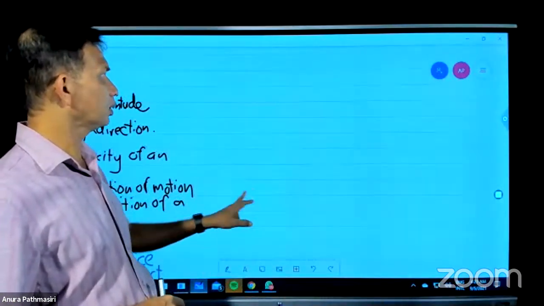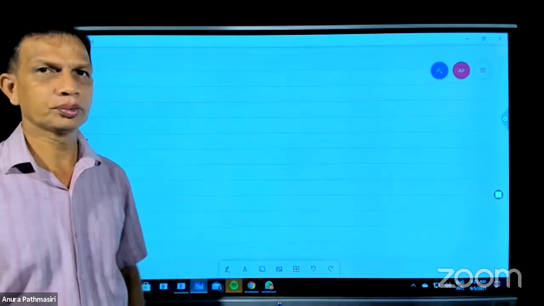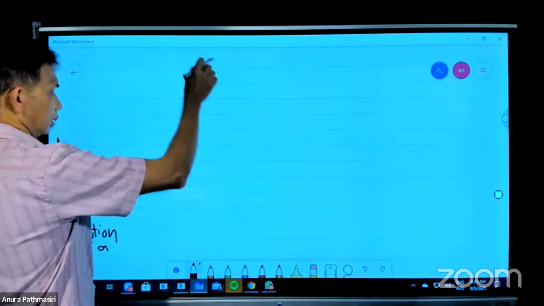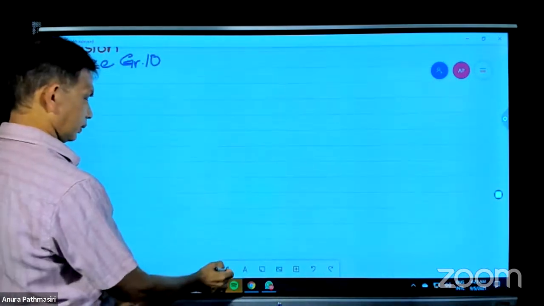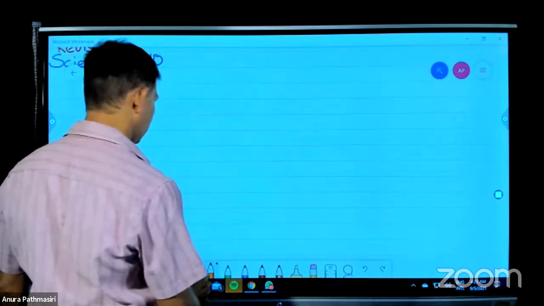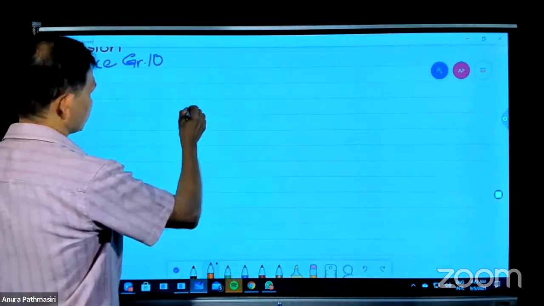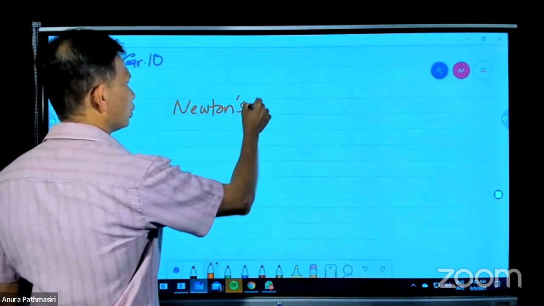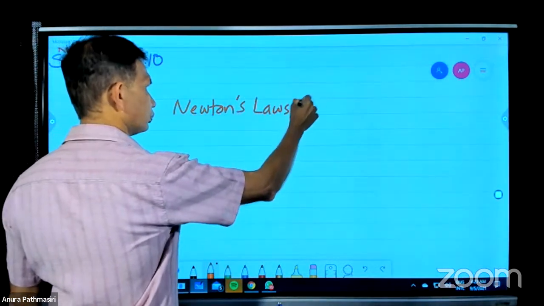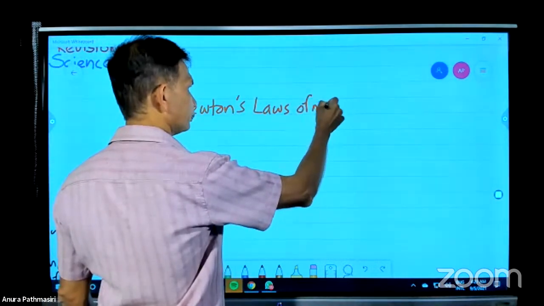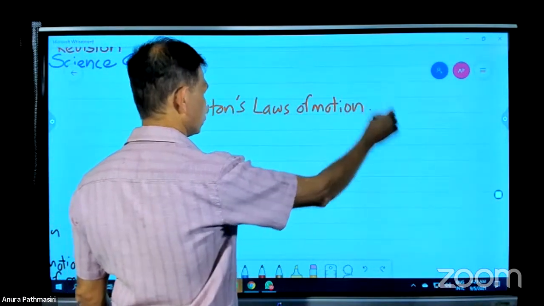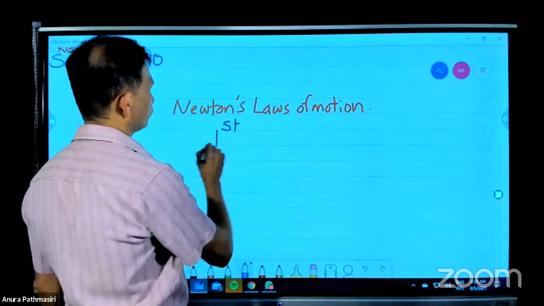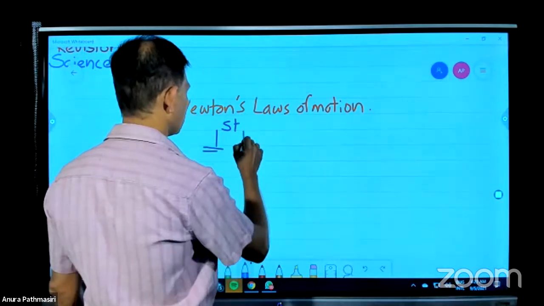Now, what are Newton's laws of motion? What is the first law of motion?